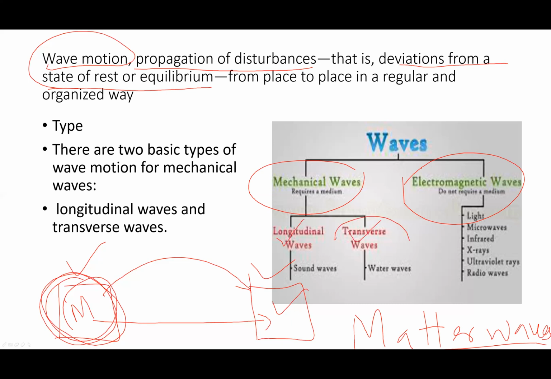The example of transverse waves is water waves, and sound waves are the example of longitudinal waves. Electromagnetic waves include light, microwaves, infrared waves, X-rays, ultraviolet rays, radio waves, mobile waves. These are electromagnetic waves.